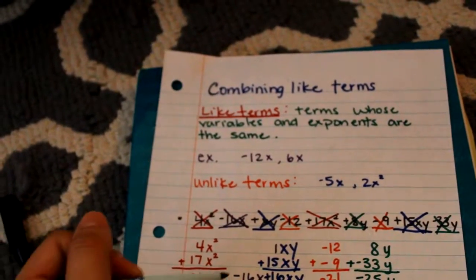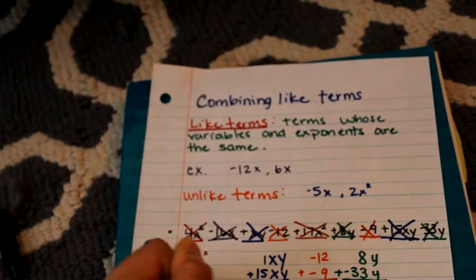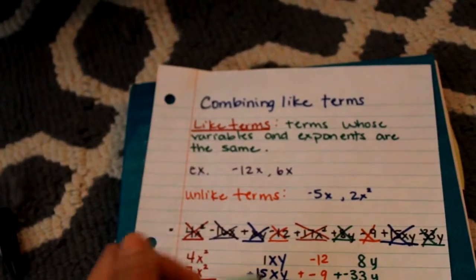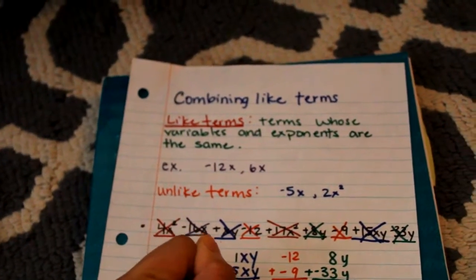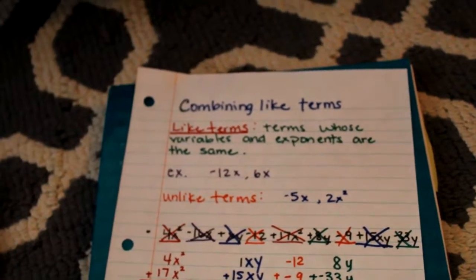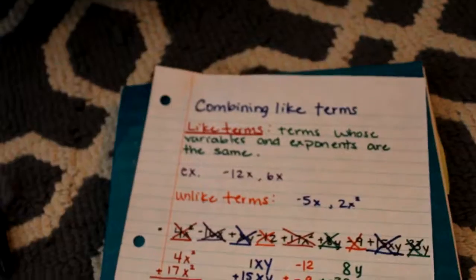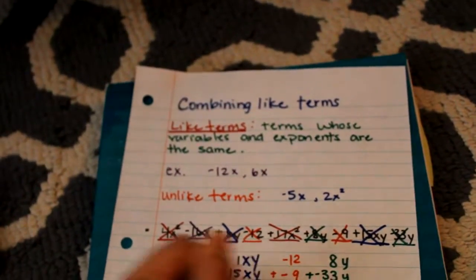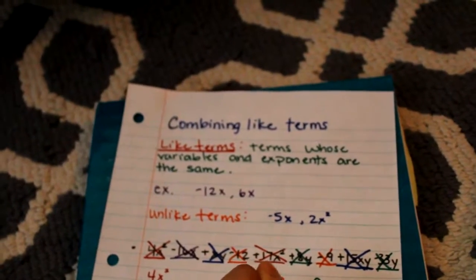Then after that, it would be the minus 16x. After that, it would be my plus 16xy. Then it would be the minus 25y. And last, the minus 21.